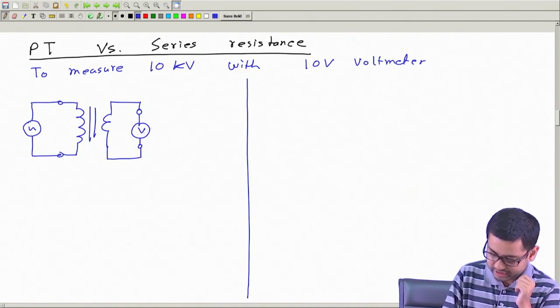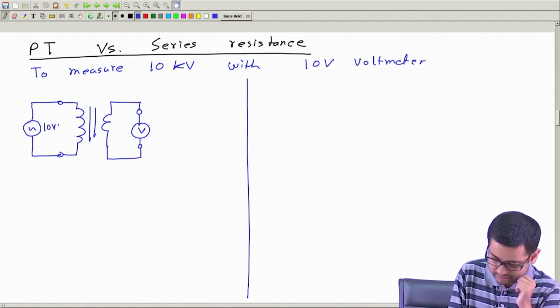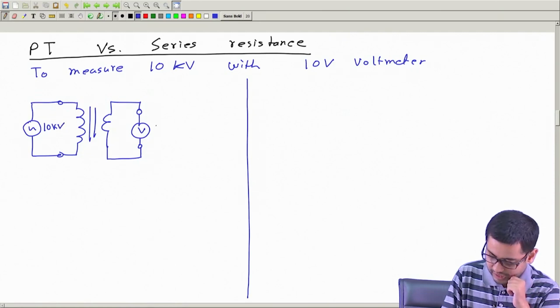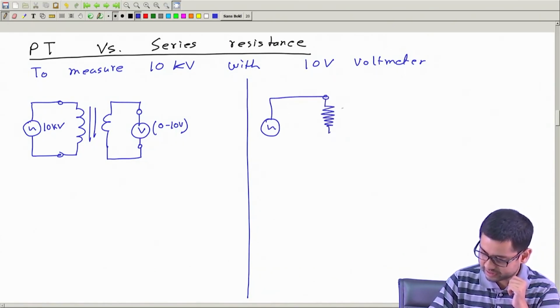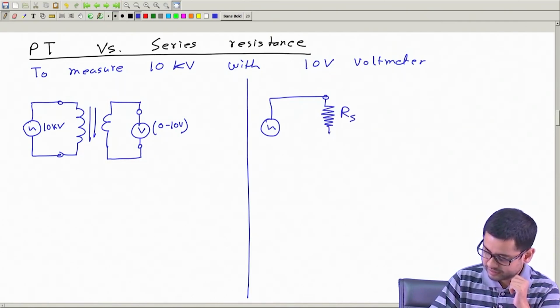This is one choice. This is 10 kilovolt and its range is 0 to 10 volt. Another choice is connect a very high resistance with the voltmeter, this is 10 kilovolt of course, and measure it.